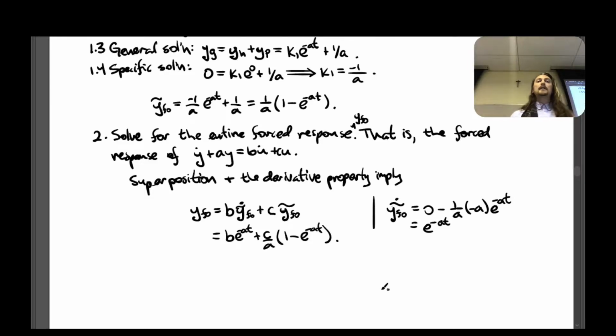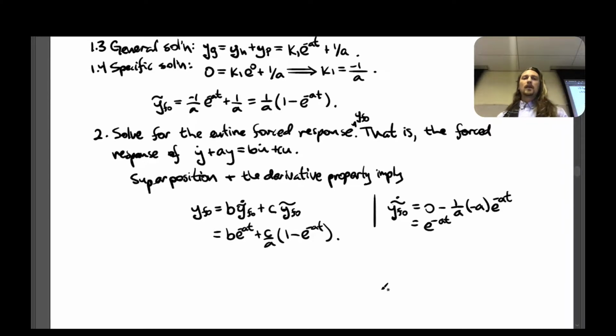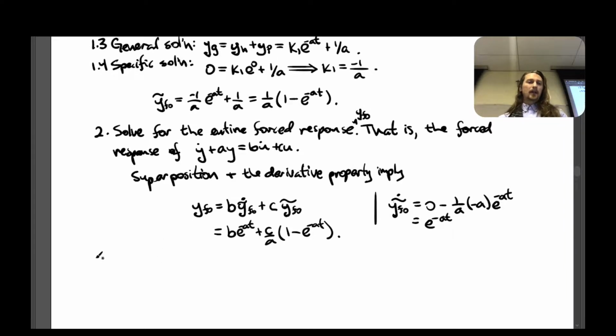But we also have an initial condition. So we need to find the free response, YFR.